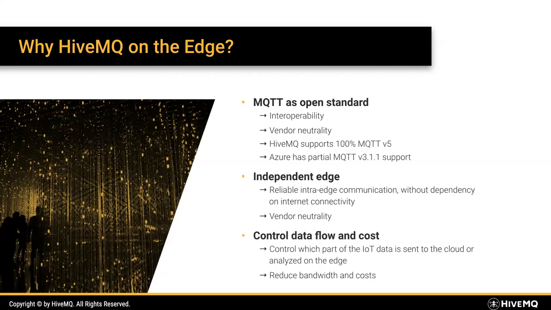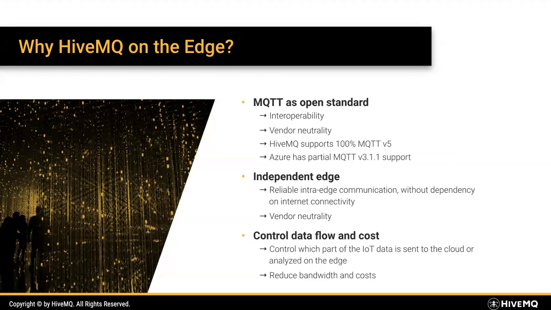HiveMQ supports 100% of the MQTT 5 specification, and in this case, Azure also supports MQTT, but they only support parts of the MQTT 3.1.1 version. If you use HiveMQ on the edge, together with IoT Edge, you have the option to get independent edges.